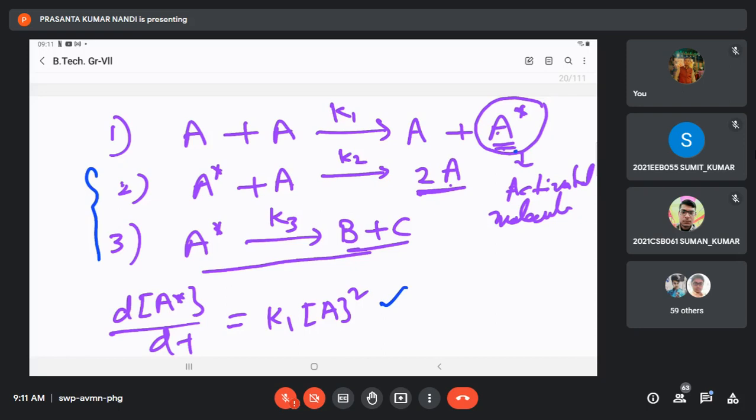Now, in the third step, basically the first and second steps constitute a reversible activation and deactivation step. The forward reaction A plus A to A plus A star we call the activation step, and the reverse step, that is A star and A, will revert to the normal reactant molecules, A plus A, with a different rate constant K2.